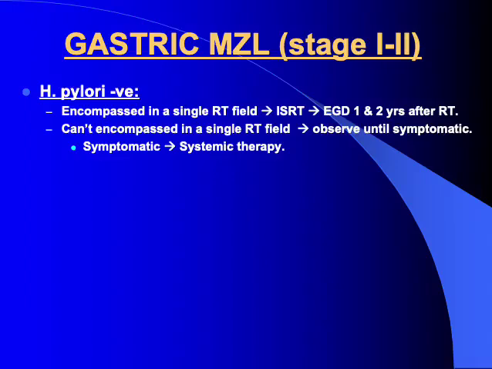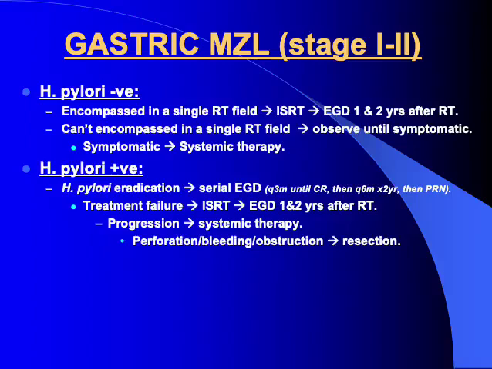But if the tumor is large or in multiple sites in the stomach that cannot be encompassed in a single radiation field, then our option is observation until the patient becomes symptomatic. That is, if the disease was found in EGD and the patient is asymptomatic or minimally symptomatic. But if the patient becomes symptomatic, we treat with systemic therapy, which is immune therapy rituximab.